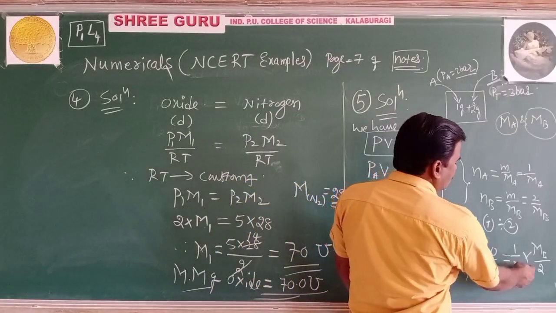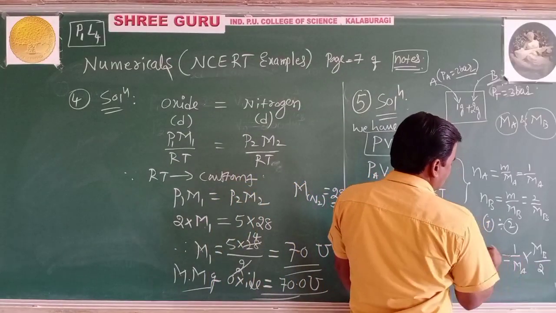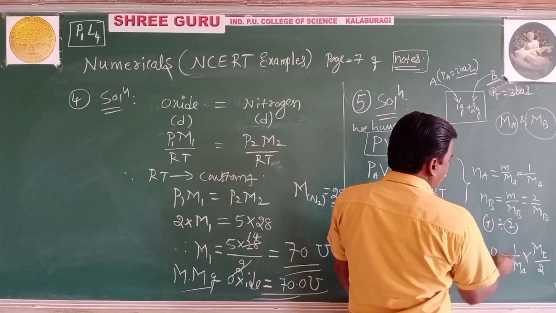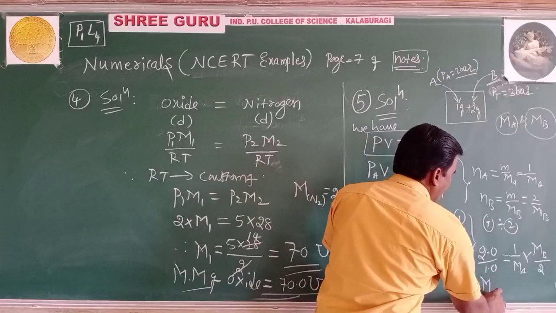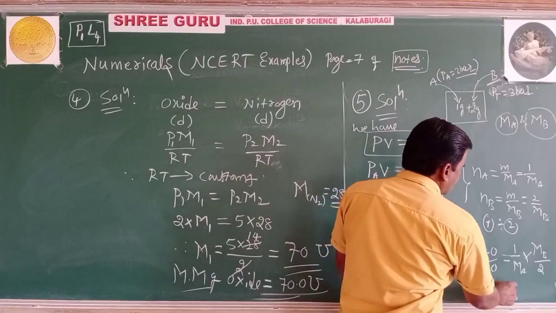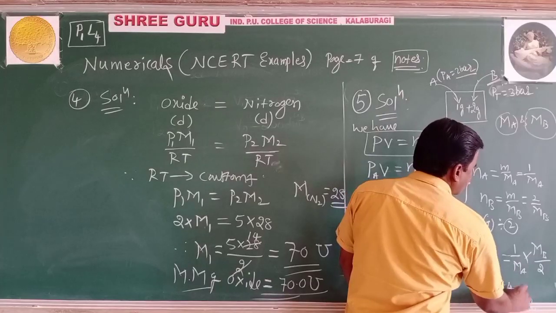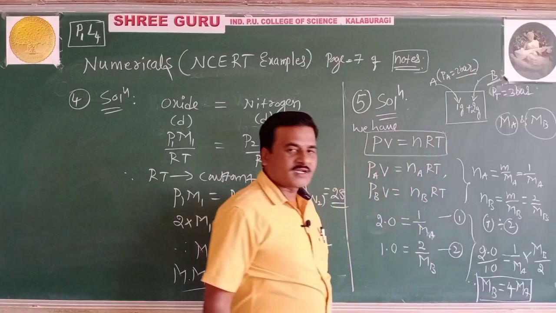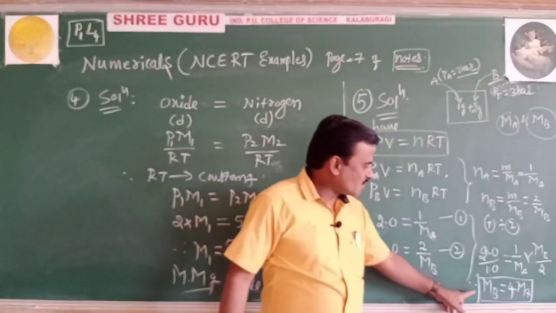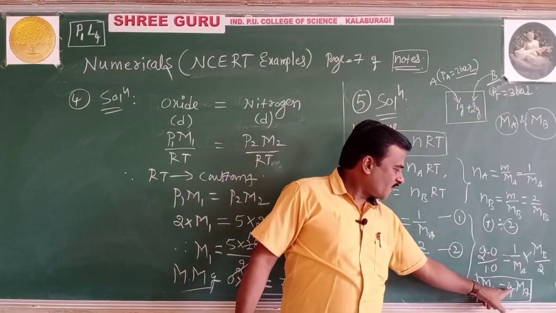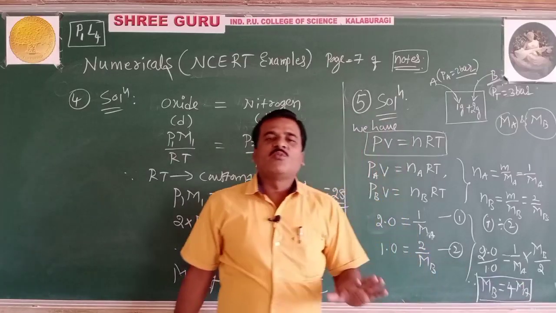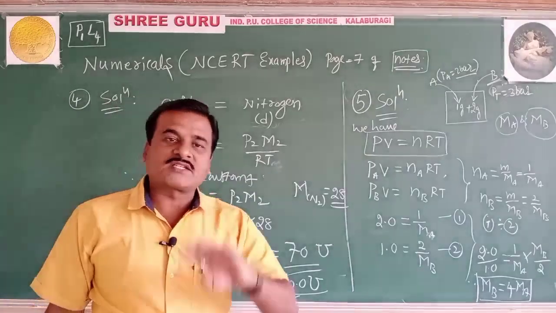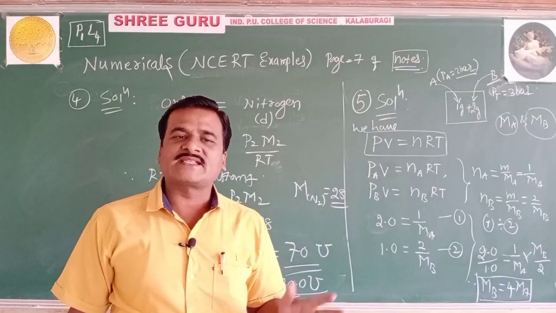This 2 goes over here, 2 into 2 gives 4, so MB equals 4 MA. That means the molar mass of B equals 4 times the molar mass of A. Molar mass of gas B is equal to 4 times the molar mass of gas A.